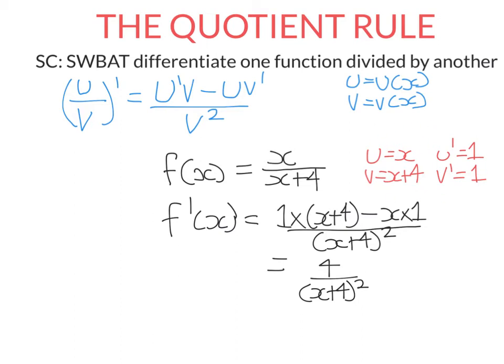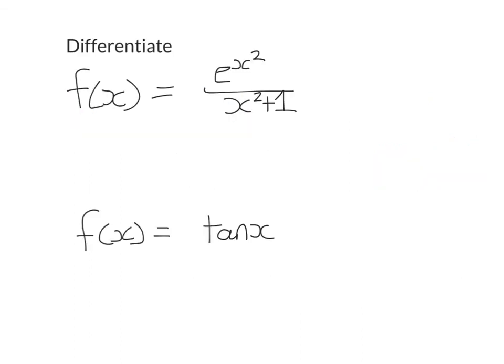All right, let's look at some other examples. So we will differentiate each of these using the quotient rule. What we use for the quotient rule: we take the derivative of the top. So the derivative of e to the x squared. Hopefully you know by now that I just differentiate what's in the power and then leave the e and the power alone. So 2x e to the x squared, that is the derivative of just the top.